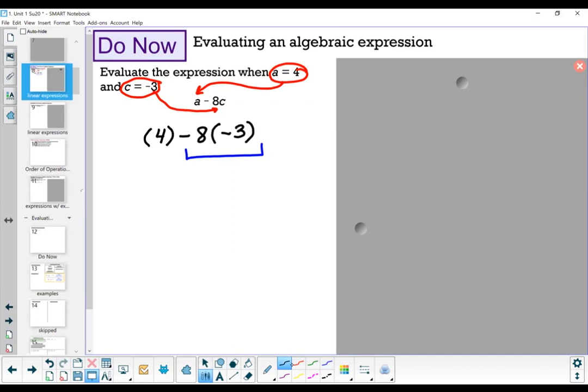So that gives me plus 24. And I'll just bring the 4 down. After the multiplication, then you do your addition. So then 4 plus the 24, you get 28.